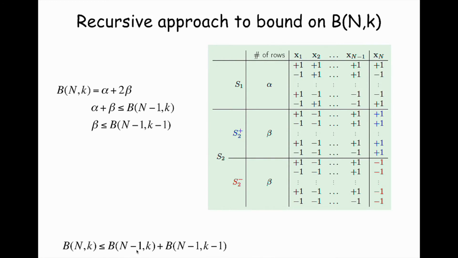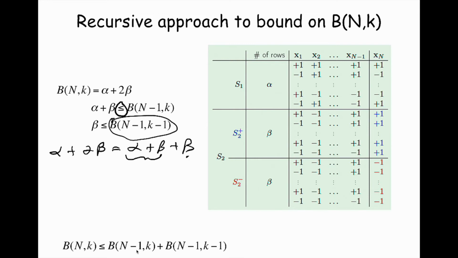Okay, so let's take all of these quantities in our recurrence relation, and we're going to put them together, and something interesting will happen. So if we know that B(n,k) is equal to alpha plus 2 beta, well, alpha plus 2 beta is the same as alpha plus beta plus beta. So we know alpha plus beta is less than B(n-1,k), and this beta is less than B(n-1,k-1).